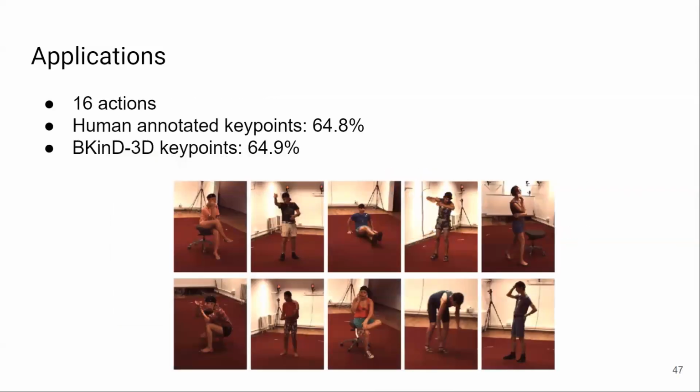We train and evaluate using the Human3.6M data set, which has 16 actions. With human annotated key points, we get 64.8% top 5 accuracy, whereas with BKinD-3D, we get 64.9%. So what this suggests is that we actually don't need to spend time labeling a lot of data in order to obtain similar performance. So we can significantly ease the burden of key point annotation in applications.